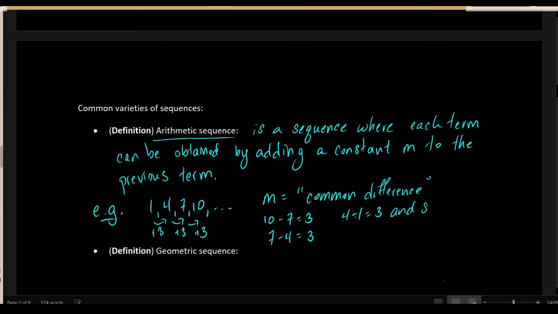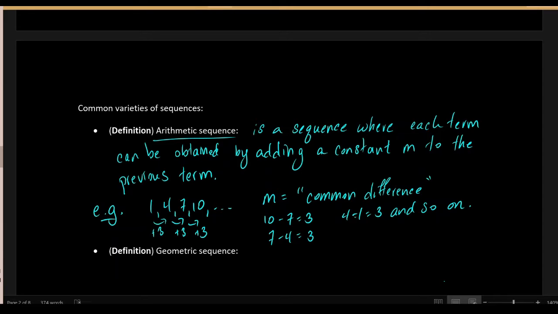Now, the nice thing about arithmetic sequences is that they behave a lot like linear functions. Linear functions also had this property that when you increased the input by 1, the output had a constant number added to it. That number was called the slope.